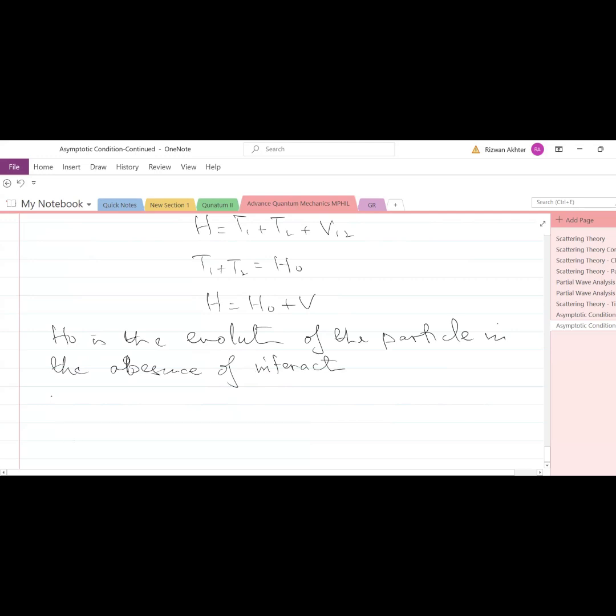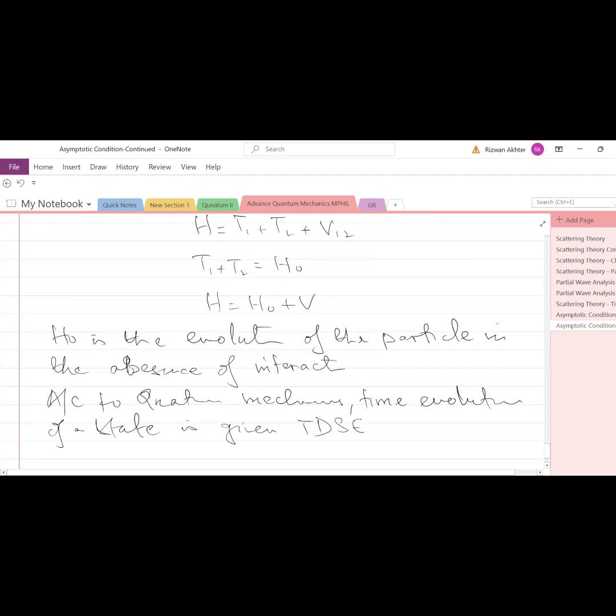Now, according to quantum mechanics, the time evolution of a state is given by the time dependent Schrödinger equation.